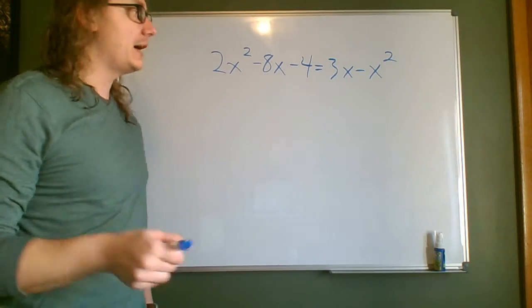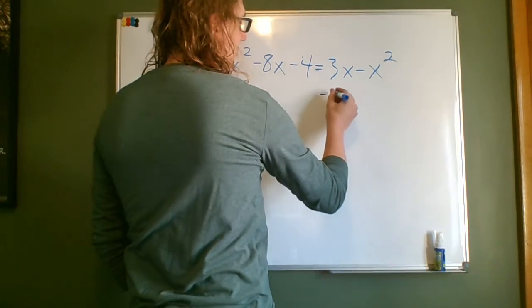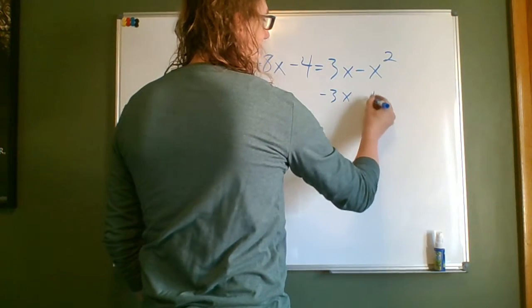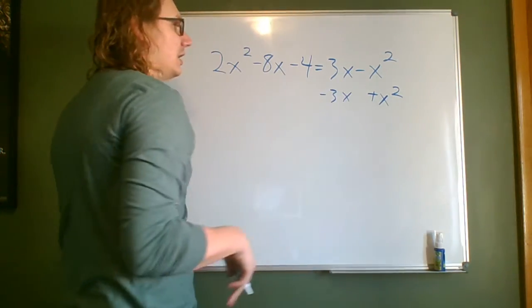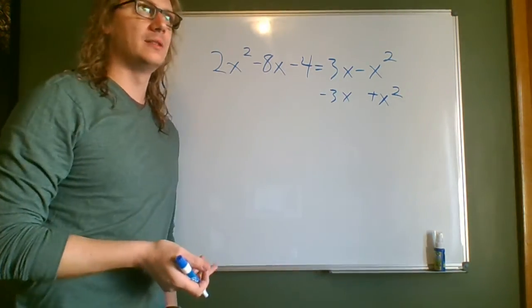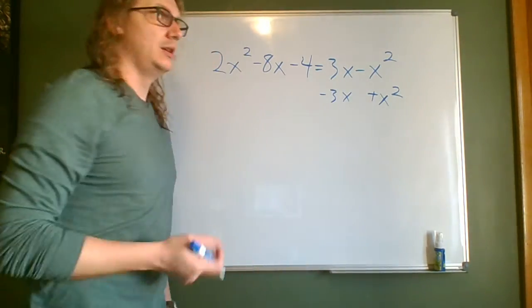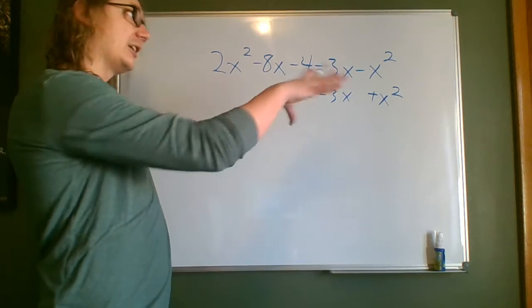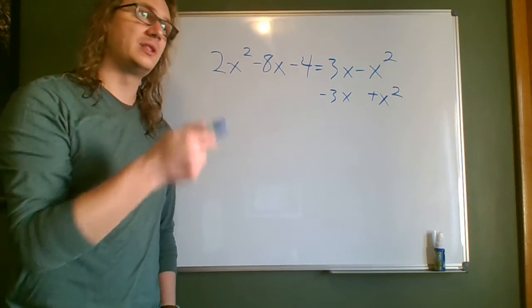But we've got some algebra tricks. If we subtract 3x and add x squared to this side of the equation, 3x minus 3x is 0. Negative x squared plus x squared is also 0. So that'll give us 0. But remember, if we do something on one side of the equation, we have to do it to the other side.